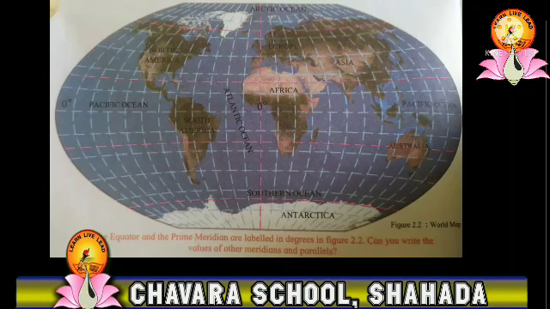The horizontal lines on the map are known as latitudes or parallels. Second question, list the continents and oceans through which the equator passes.